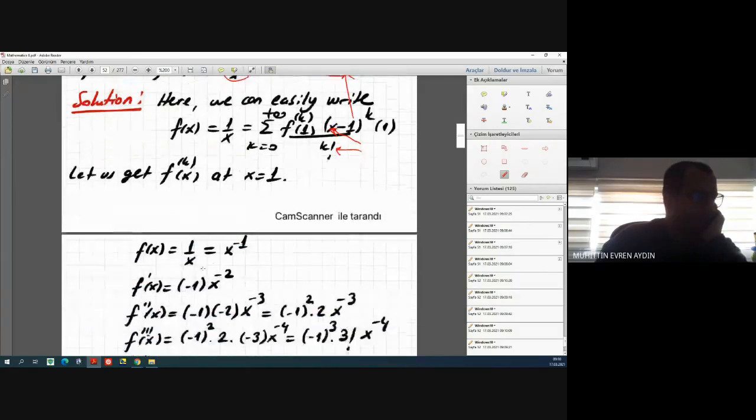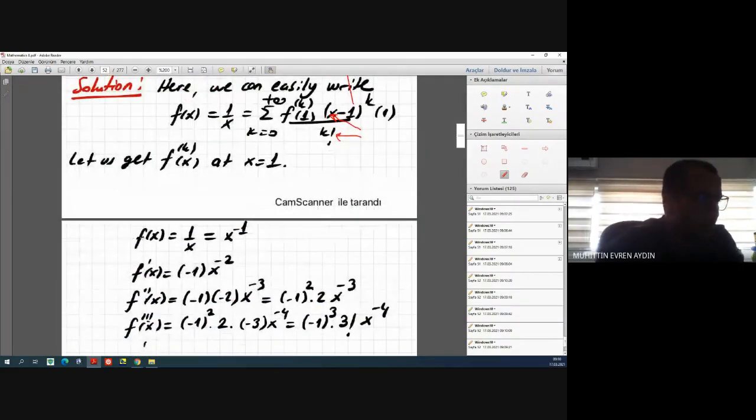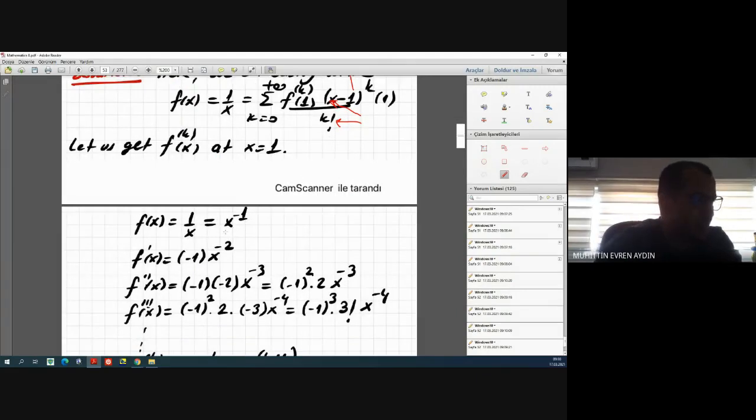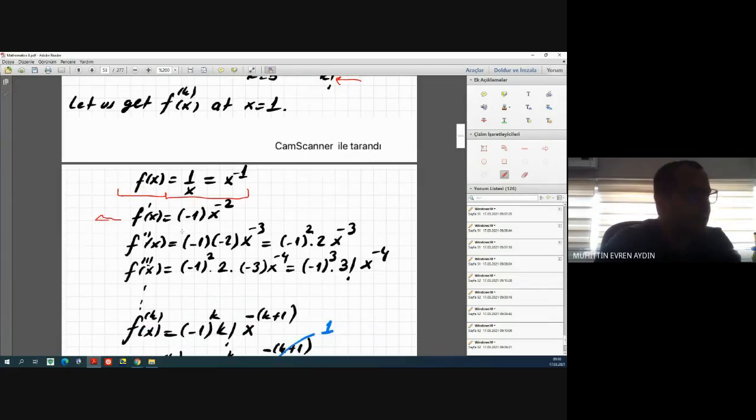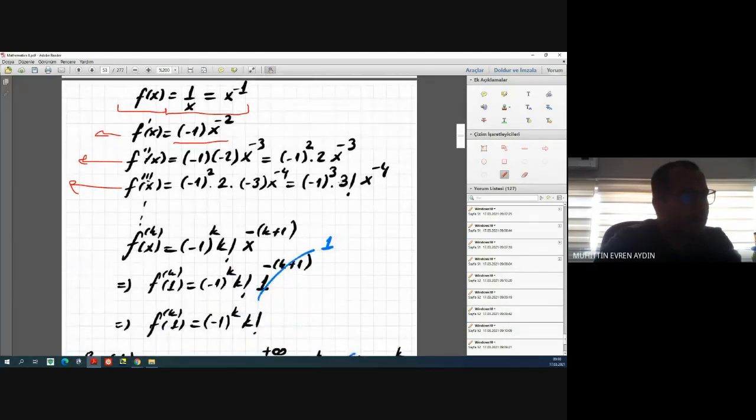Okay. We have to use the properties of derivatives. Yes, you can write f of x like x power minus 1, and the first order derivative, and the second order derivative, and the third order derivative. Those are simple derivatives. And as you can see, there is a simple relation among those derivatives.